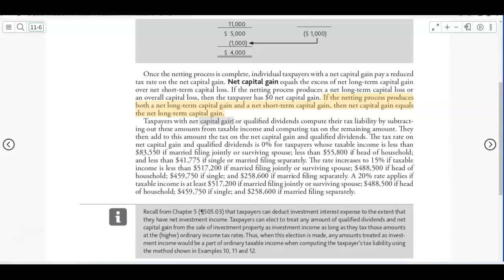You want to separate them. Same thing on qualified dividend. You want to separate them also because they have favorable tax rate. That's why it says compute those and then separate them from taxable income so you can get the benefit of that favorable tax rate.